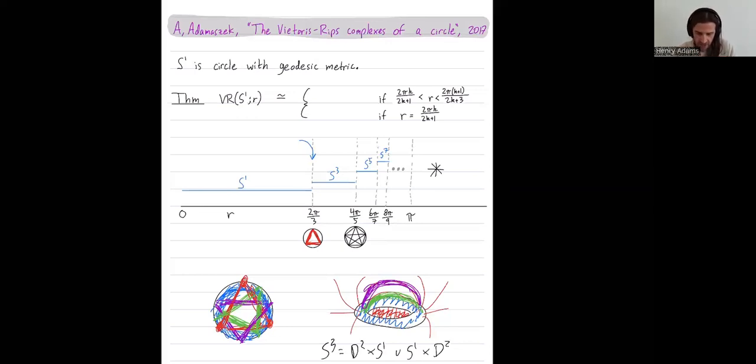Let me just say, you first fix a scale parameter. That was my other concern. When you talked about stability, you assume that the scale parameter changes continuously, right? You are not choosing some sample scale parameters and then looking at the corresponding Vietoris-Rips complexes. Two different concepts, I would say.